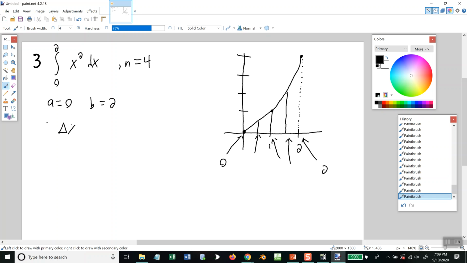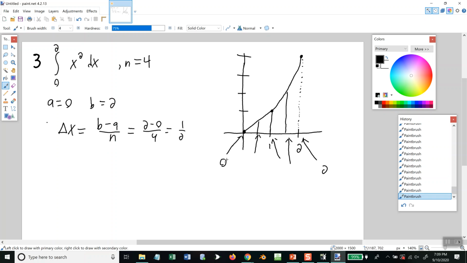is the change in x is equal to (b minus a) over n. So you got 2 minus 0 over 4, which is 2/4, which is 1/2. When I say delta x, that's this distance right here.